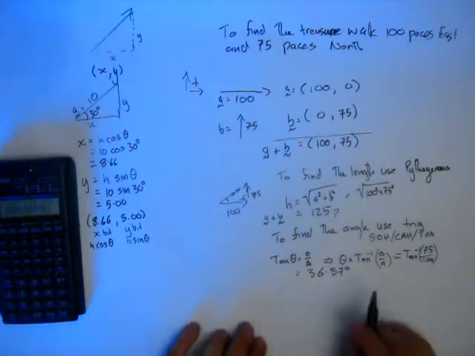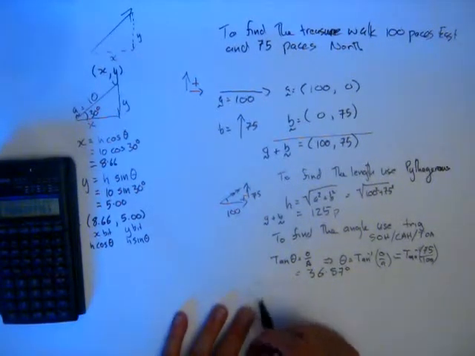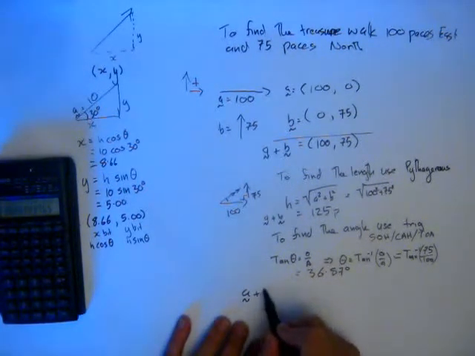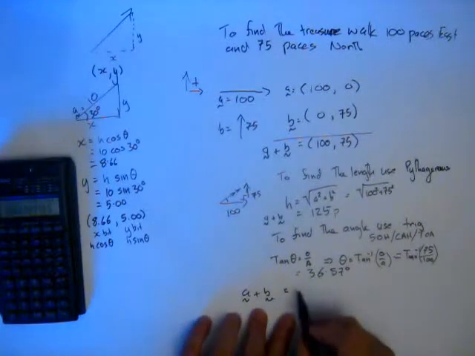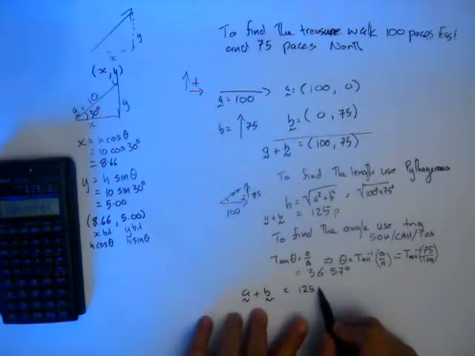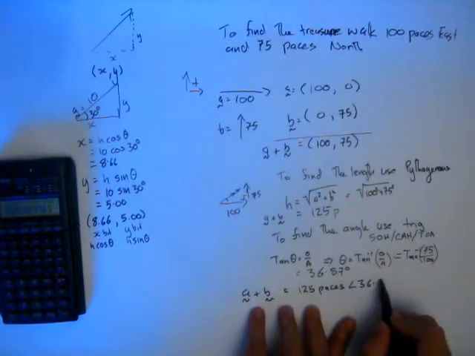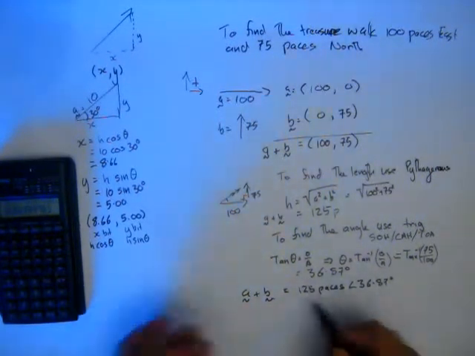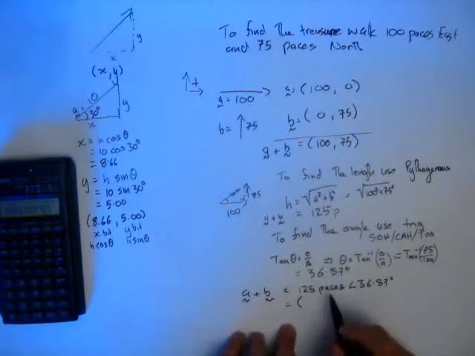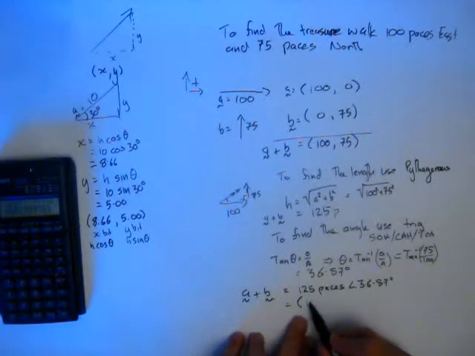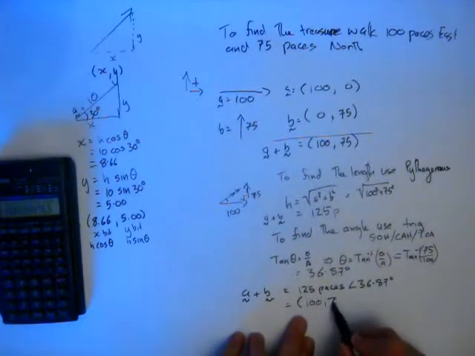So I can now write the vector down as A plus B equals 125 paces, angle 36.87 degrees, or I can also write it down as 100, 75.